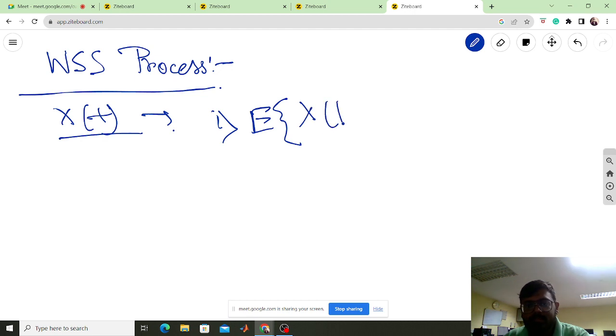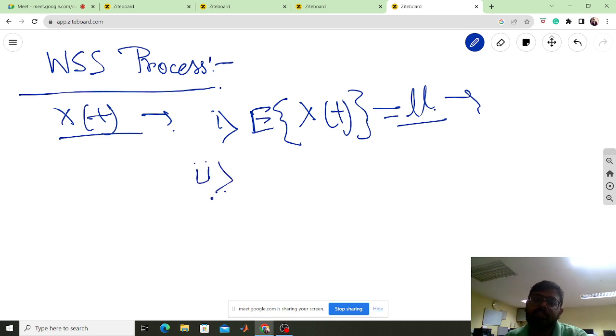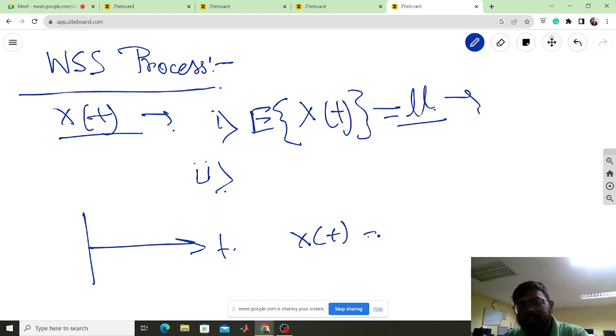The first is that the mean of this random variable will always be constant, independent of time. Even if time changes, the mean of the random variable of the random process will not change. As time increases, X(t) will give x1, x2, x3, and their mean will remain mu.